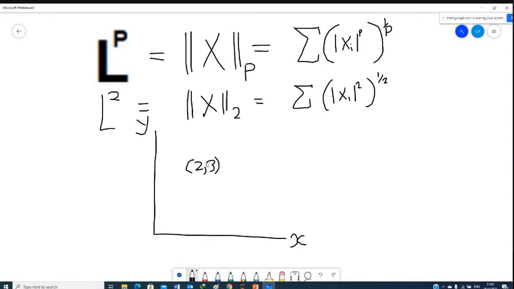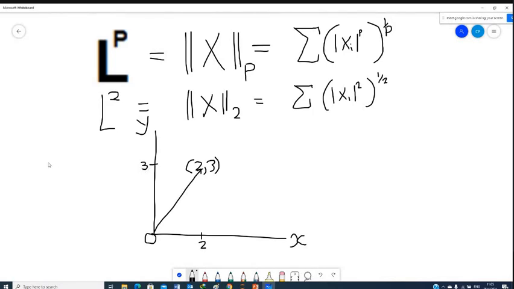And this point, remember, we're measuring it. If it is a vector, we measure it from the point of origin, right? And this is 2, and this is 3.